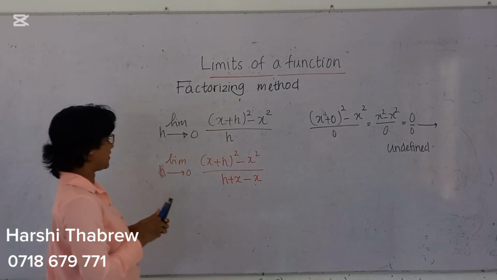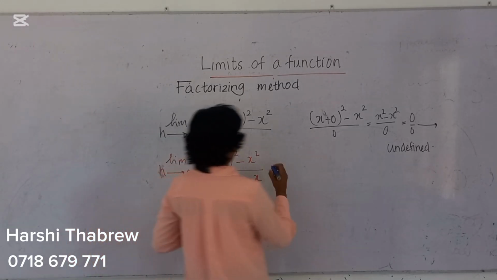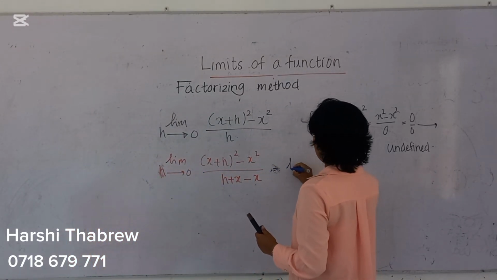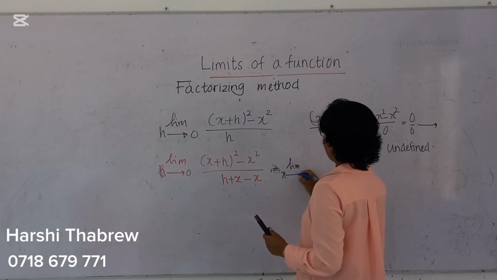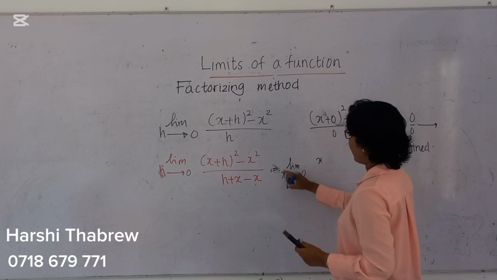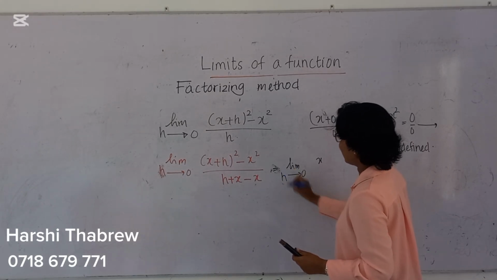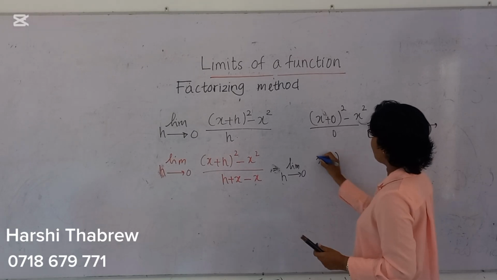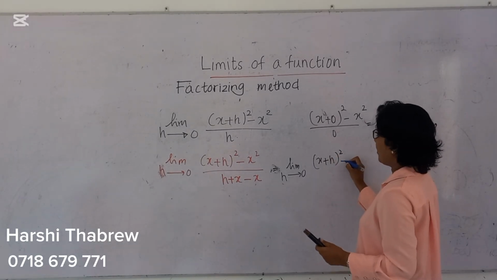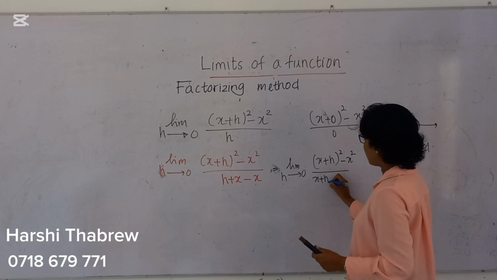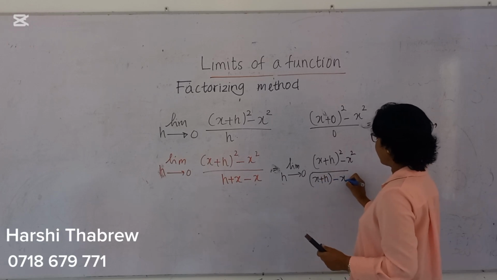Then I can write it like this. It is equal to the limit as, actually it should be h approaches 0, the square of x plus h minus x squared, I can write it as x plus h minus x.